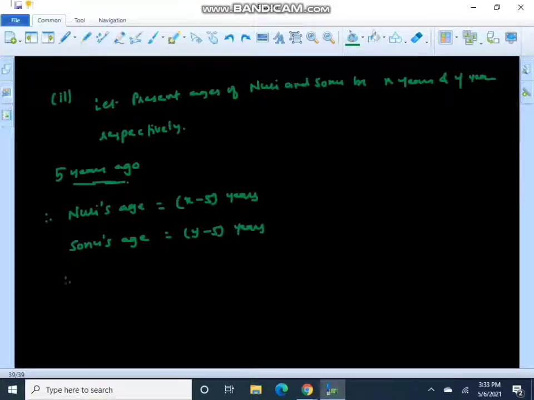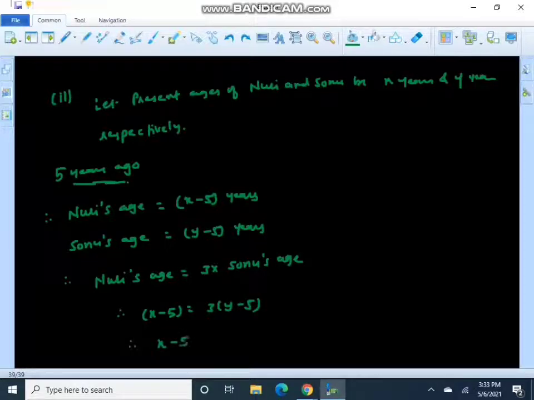Now the comparison is given. 5 years ago, Nuri's age was thrice, which means 3 times, Sonu's age. So Nuri's age x minus 5 is equal to 3 into y minus 5.